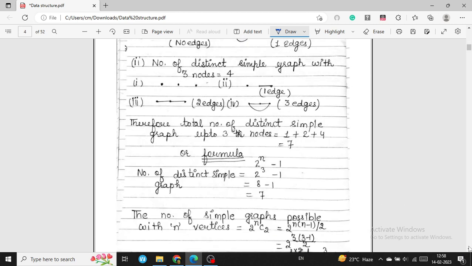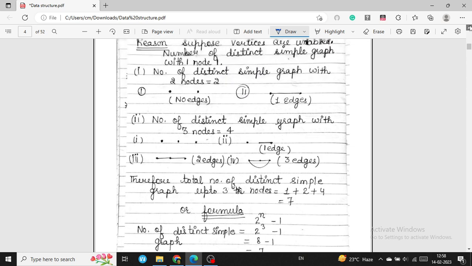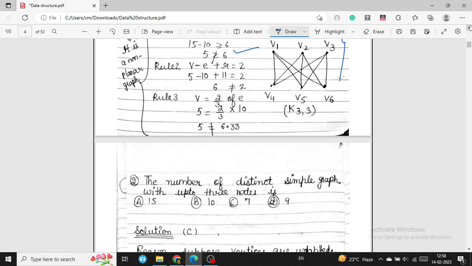And in the third rule, vertices should be less than or equal to 2 by 3 of E. Here you can see vertices are 5, and when we calculate 2 by 3 of E, it is not equal. So that's why we can say that it is a non-planar graph.